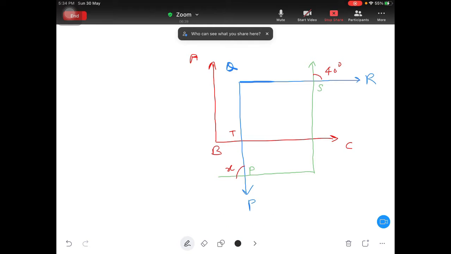So our job is, they have given the diagram is not to scale. Not to scale means if it looks like 90, it is not 90. It is not important that it is 90.